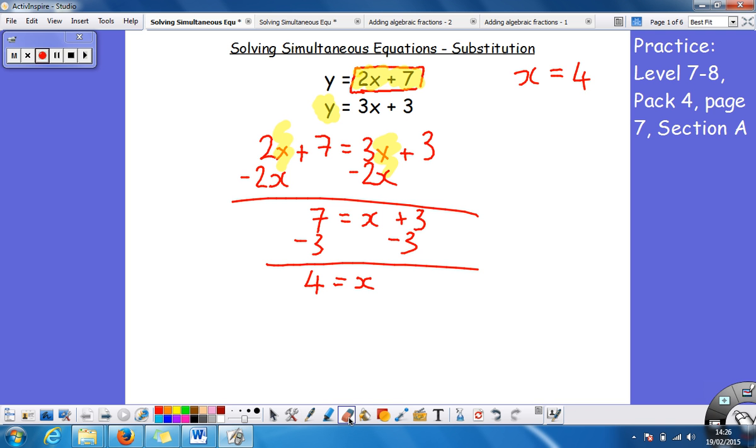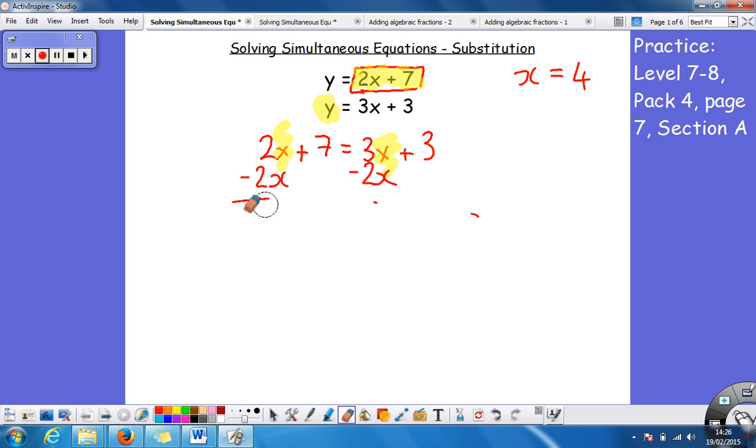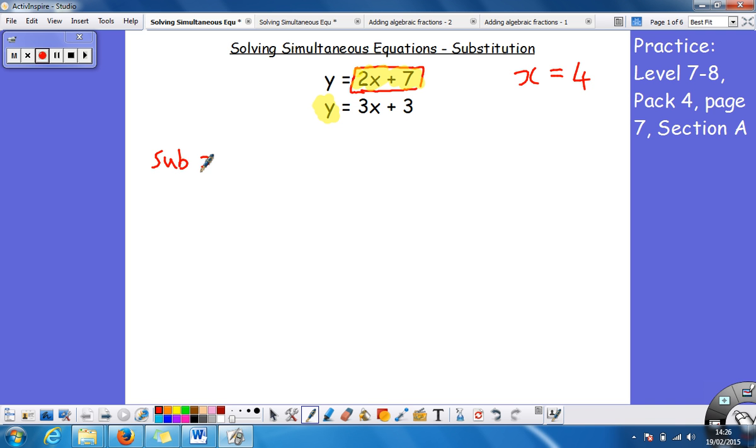Same checks as normal. I'm just going to rub out my working out here so I've got some more space. We do the same thing as normal to find my second variable. So my second variable is y. I'm going to substitute x equals 4 into one of my equations. So let's number them again.